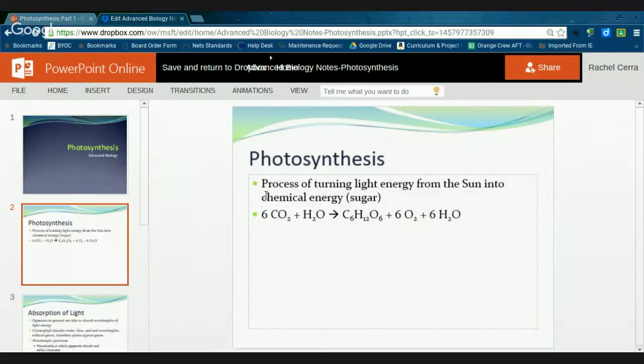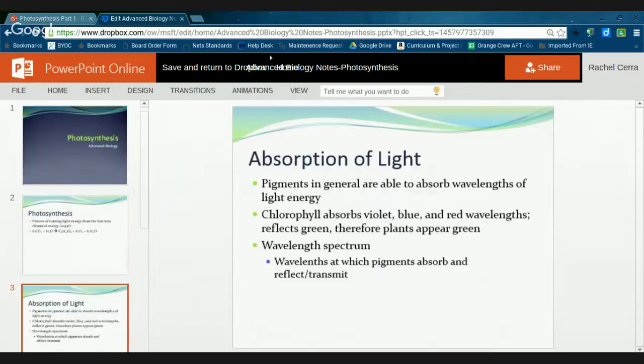So we're going to talk first about the absorption of light. We talked about this when we were going over the biology parts of the cell. The pigments within the plastids are able to absorb different wavelengths of light energy. They don't absorb all of them. So if they absorb some, they're going to reflect others.